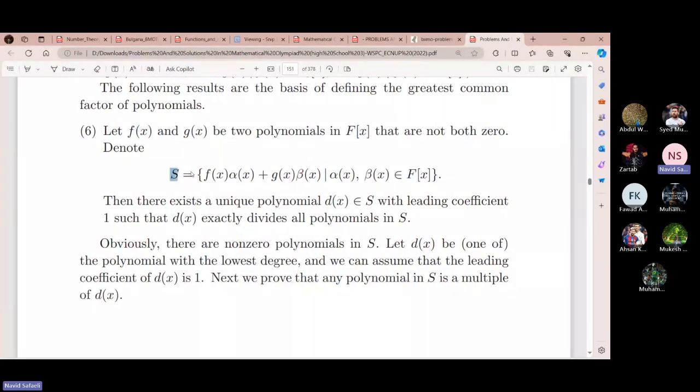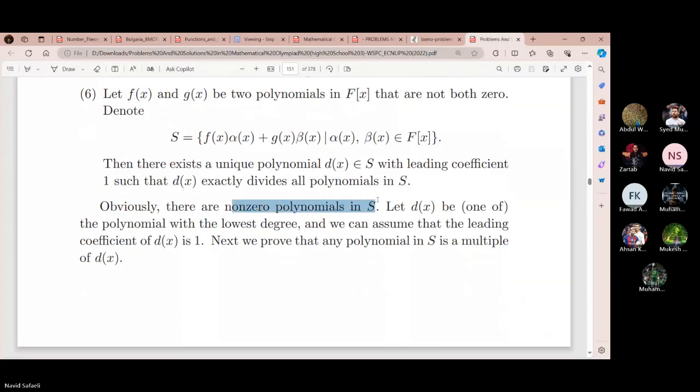If we define this set S as f times alpha plus g times beta for alpha and beta in F, then, very similar to the greatest common divisor, there exists a unique polynomial d of x with leading coefficient 1, such that d exactly divides all the polynomials in S. Obviously, let d of x be one of the polynomials with the lowest degree, and we can assume that the leading coefficient is 1. We will prove this.